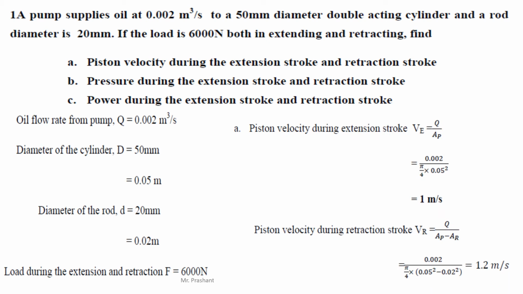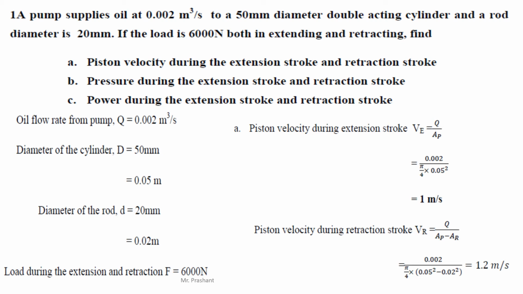Now we'll move on to sub-question A, piston velocity during extension stroke and retraction stroke. See, we have a formula V equal to Q dividing by area, velocity equal to discharge dividing by area. So during extension stroke, velocity during extension equal to Q dividing by area of piston.